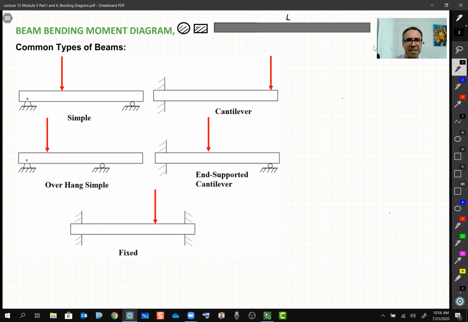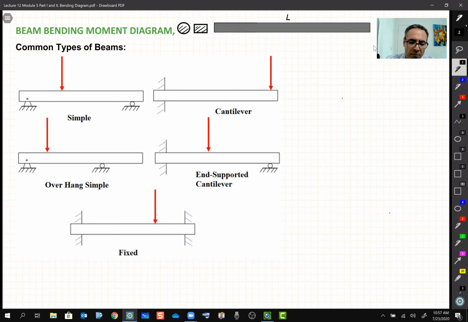By too large, we mean at least 20 times bigger, right? If, for example, you have a structure whose length is 100 centimeters, then the diameter, if it's circular, or the width of the cross section is around 1 centimeter or 2 centimeters, then we consider it as a beam.